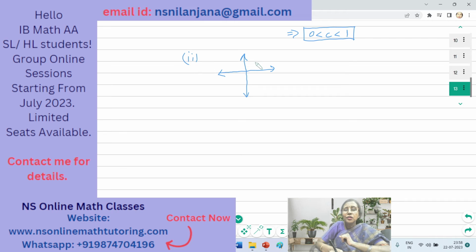These are just rough sketches. Two x-intercepts. This is A and another is B.